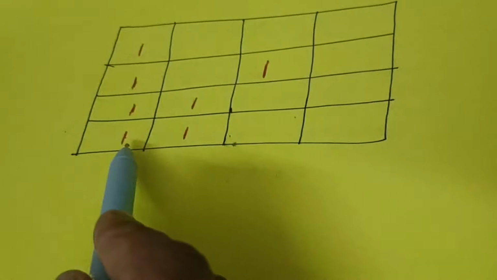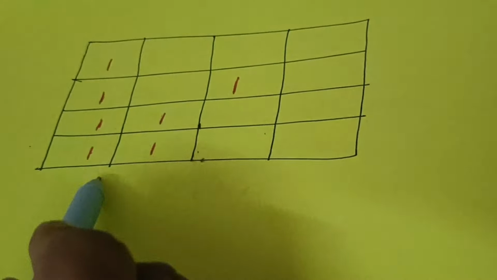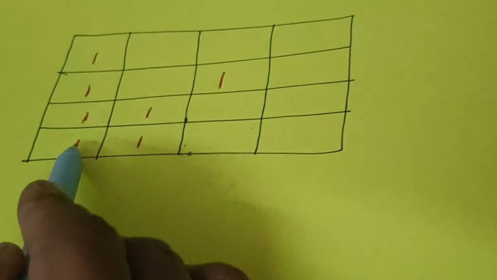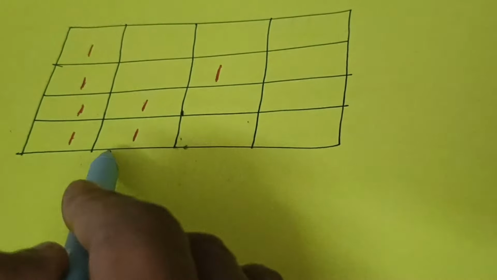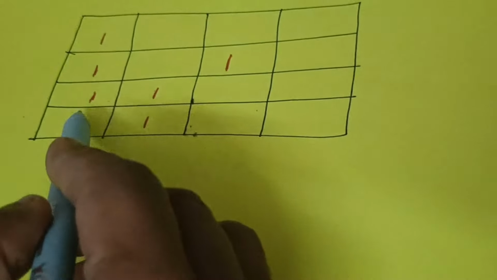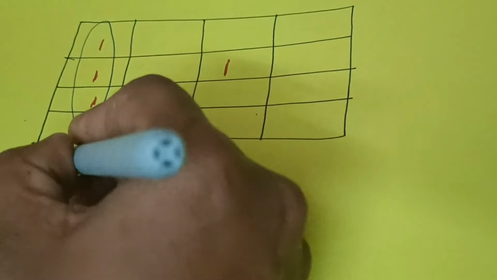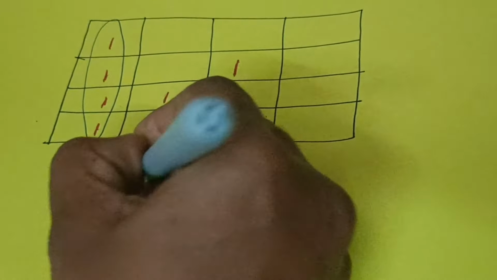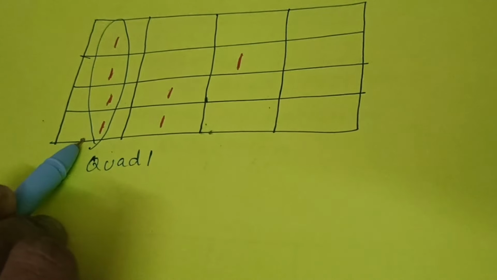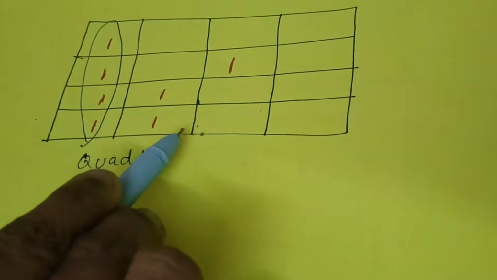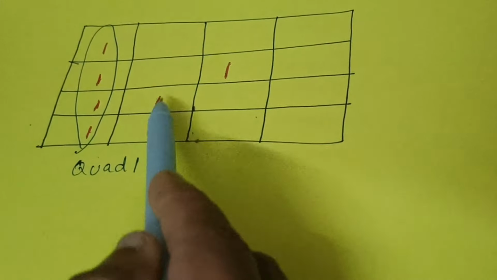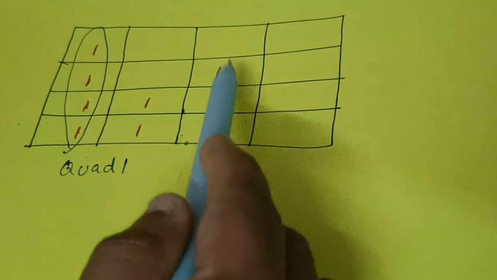So again, look into this problem. How can you map it now? First, see whether there is any group of 8. There is no group of 8, but there is a group of 4. So consider this one as quad 1. After mapping this, check which ones are not grouped. These three are not grouped. So what do you have to do?